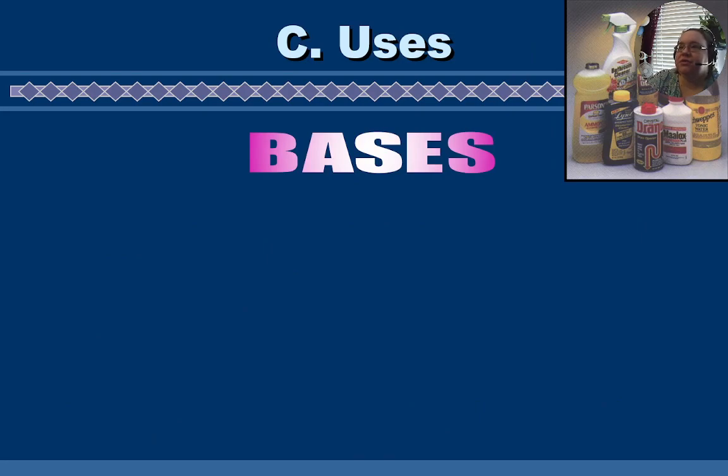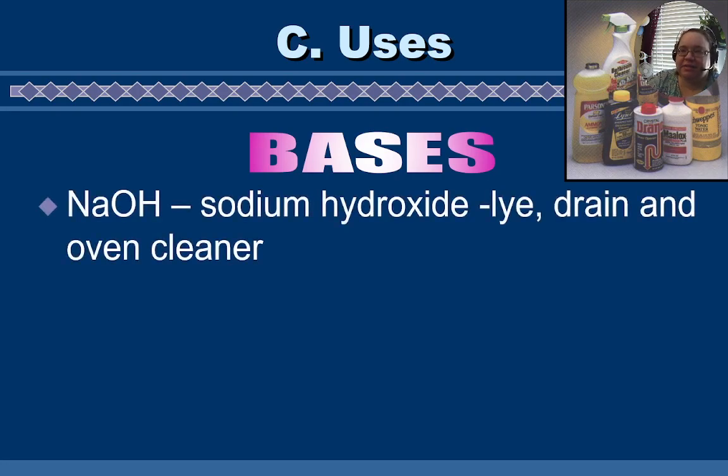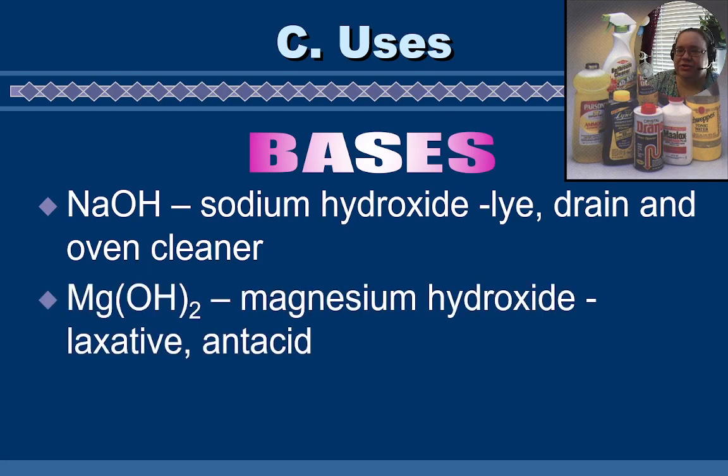What are some of our uses for bases? Bases aren't found in food as often. The dark chocolate is kind of an anomaly. But other bases, sodium hydroxide, for example, is used as a drain cleaner or an oven cleaner. It's also used as lye. I can't remember what lye is used in. Magnesium hydroxide, MgOH, is a laxative.